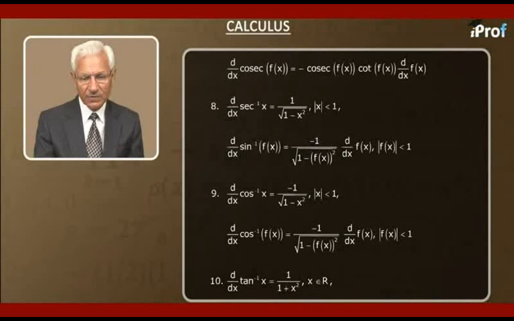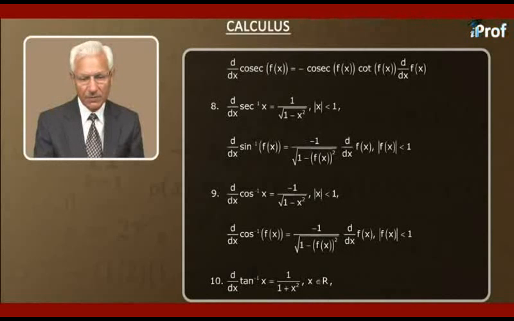Eighth, the derivative of sine inverse x becomes 1 upon square root of 1 minus x square, where mod x is less than 1. Therefore, d by dx of sine inverse f(x) will become 1 upon square root of 1 minus f(x) square into d by dx of f(x) whenever modulus of f(x) is less than 1.